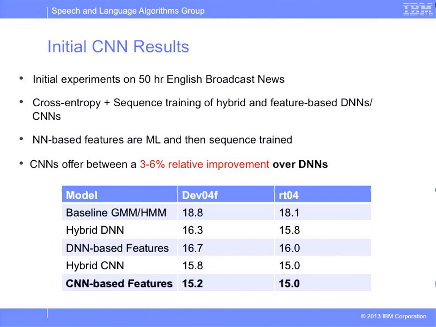How much data is he using to train the network? I think you guys are using the 400-hour broadcast news setup. This is 50 hours, because this is the best 50-hour number we have on this task. So most probably you guys are using 400 hours, because the GMM number for the 400-hour setup is closer to 15, I believe.